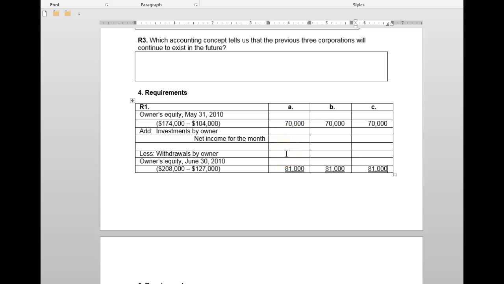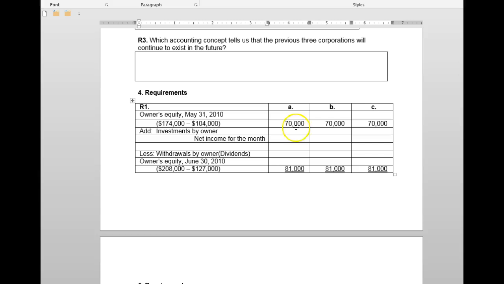And the final one is going to be withdrawals or dividends. It could be dividends or a withdrawal by an owner. Those are the only 4 things that will affect owner's equity.